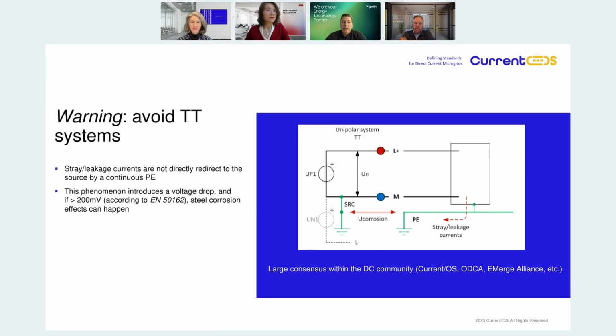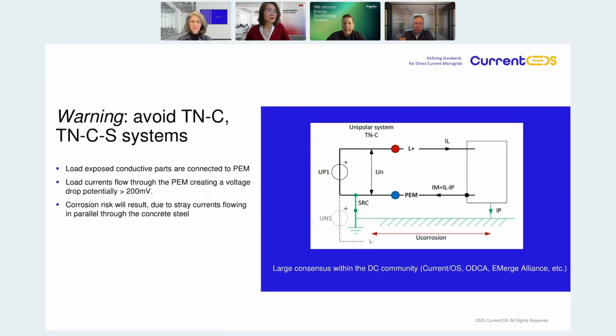So this phenomenon can introduce a voltage drop, and if it is higher than 200 millivolt, according to the standard EN 50162, we can have steel corrosion effect, and the result is it is strongly recommended not to use a TT system, unlike in AC, where it is quite common.